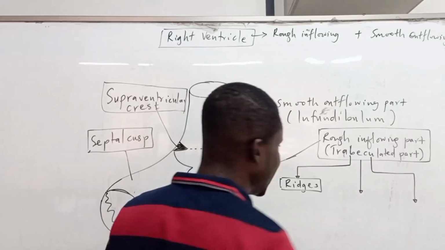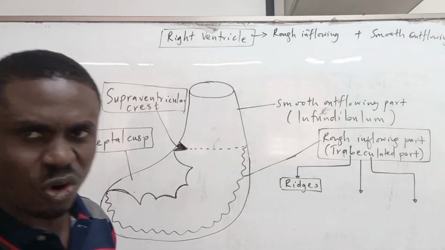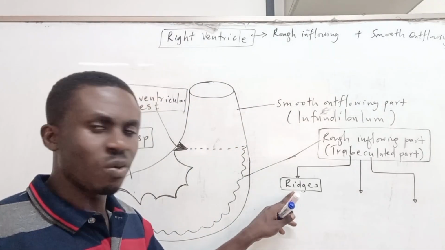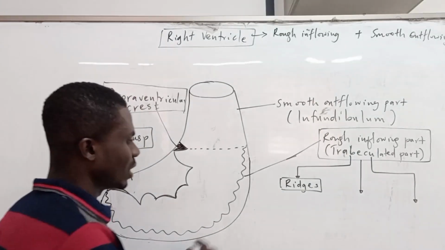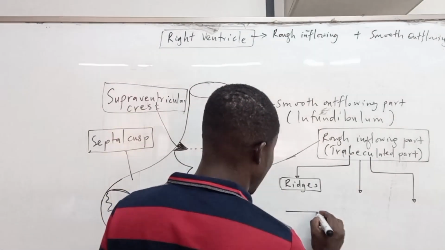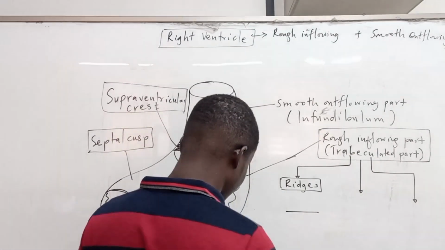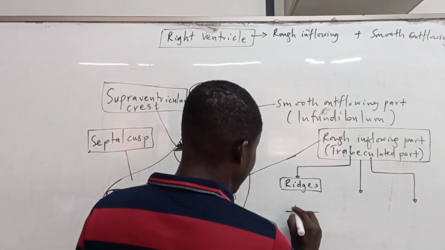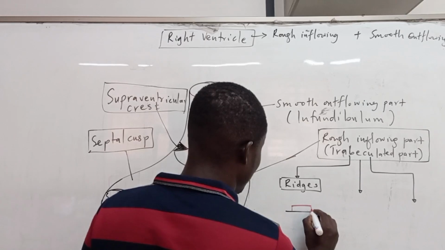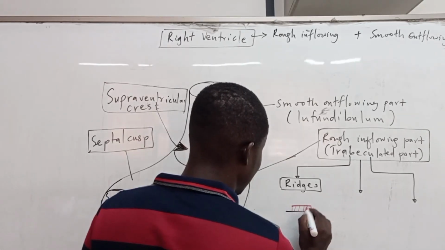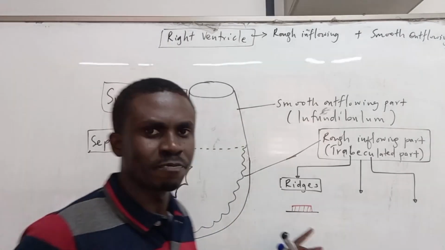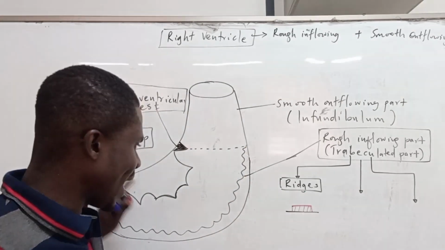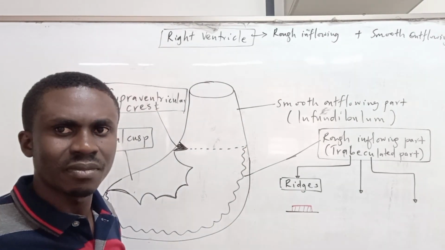The trabeculated part of the heart, the rough portion, can be in the form of ridges, the ones we see over here. If I say a ridge, this is how we demonstrate it. Let's say I have the fiber here, it moves to the other side. This becomes a ridge.